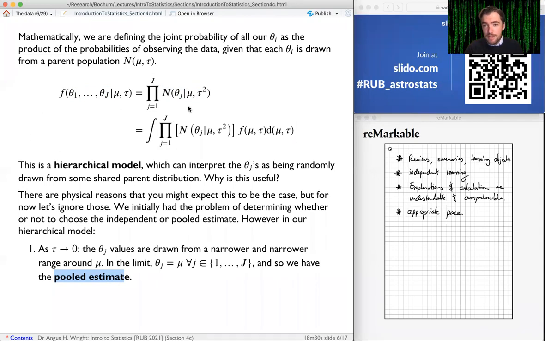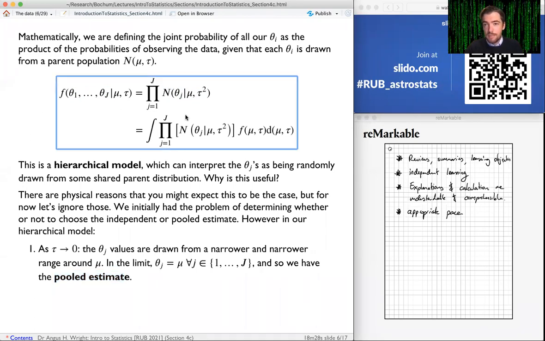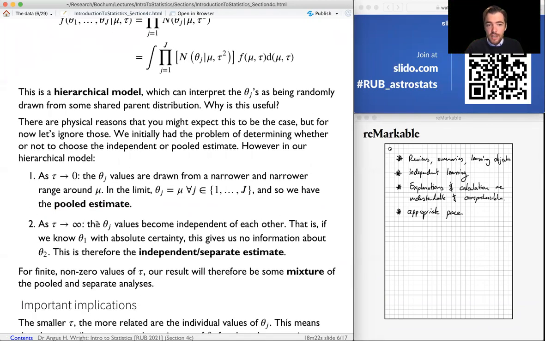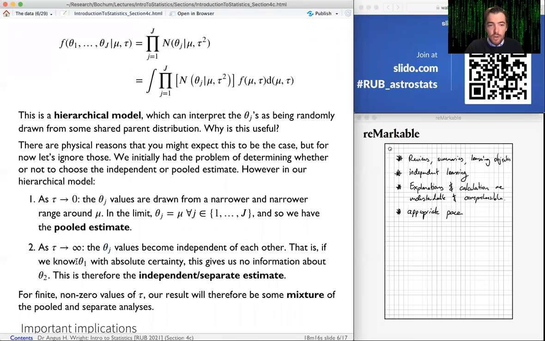What about the independent estimate? Well, what happens if tau goes to infinity? If tau goes to infinity, the values of theta j become independent of one another. Because if I know theta 1 and tau is infinitely broad, then knowing the location of theta 1 gives me no information about the location of any of the other thetas, because I'm taking a sample from a Gaussian that has infinite variance.